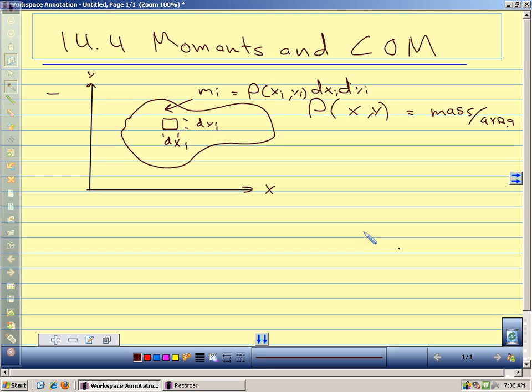And if we want the mass of the entire region, we're just going to add up all these little masses. This fits with our definition of a double integral. So the mass over the region is rho times the area, and because our density is variable, this is just going to be the double integral over our region of rho as a function of x and y times dA.